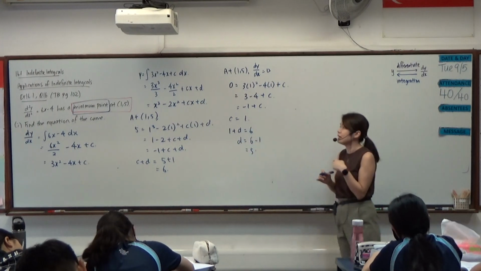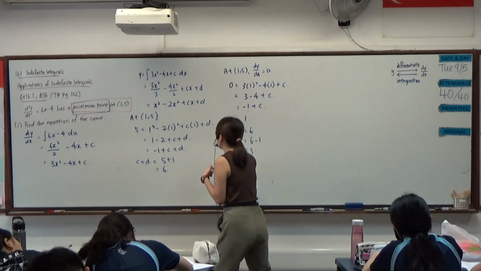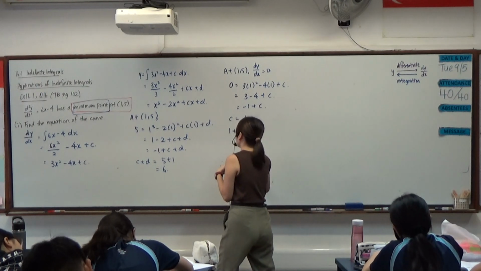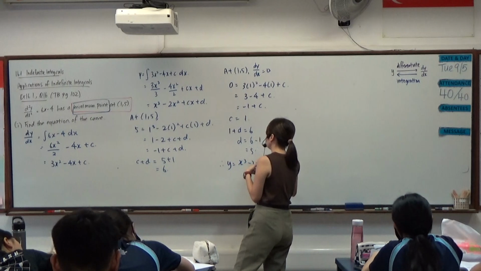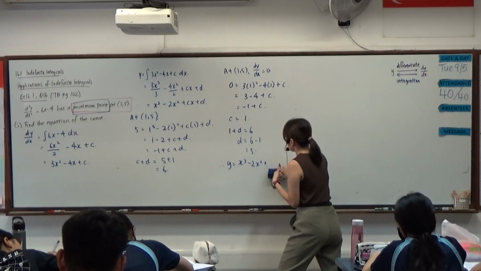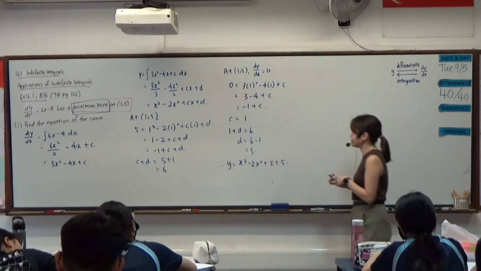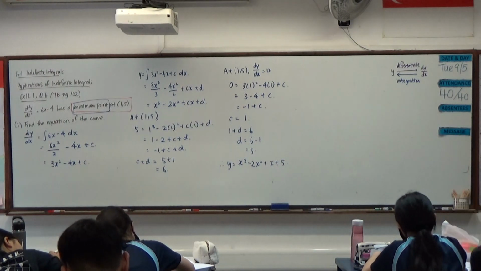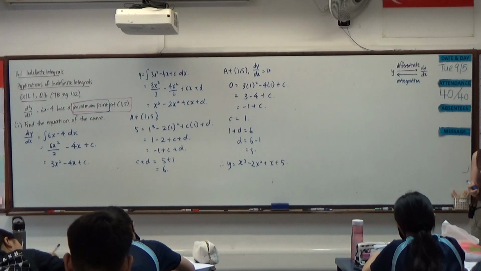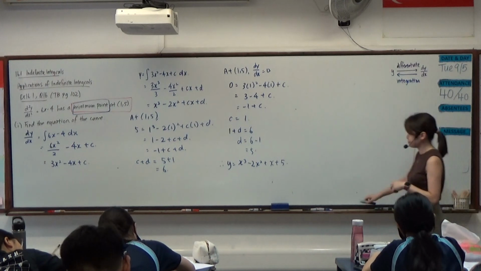So d equals 5, and then we can answer the question, where c is 1 and d equals 5. So y equals x cubed minus 2x squared plus x plus 5.